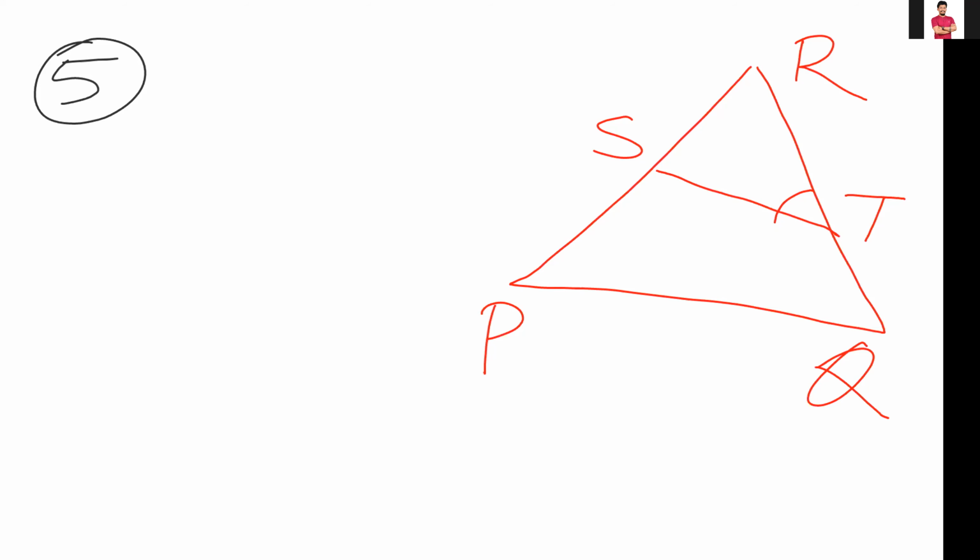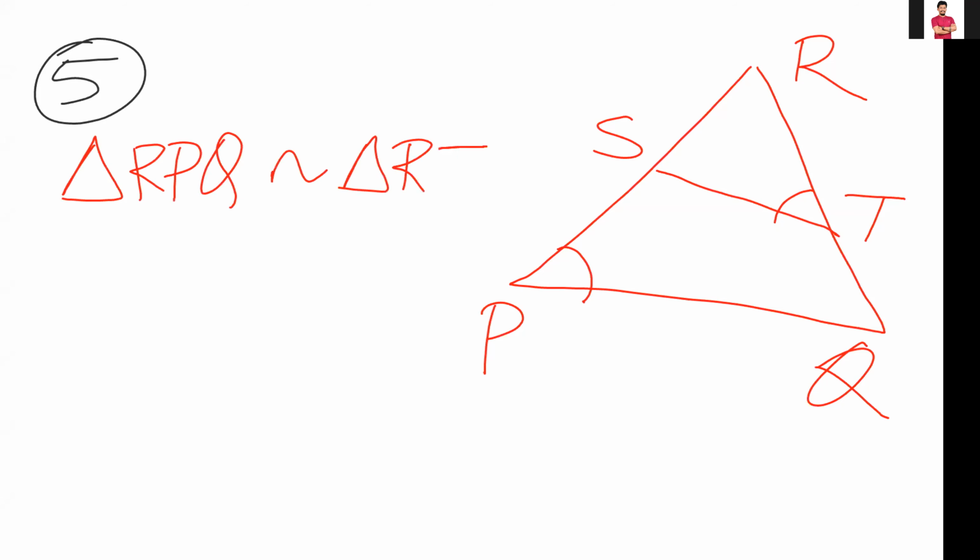Okay. So P is given equal to T. You have to prove triangle RPQ similar to triangle RTS.